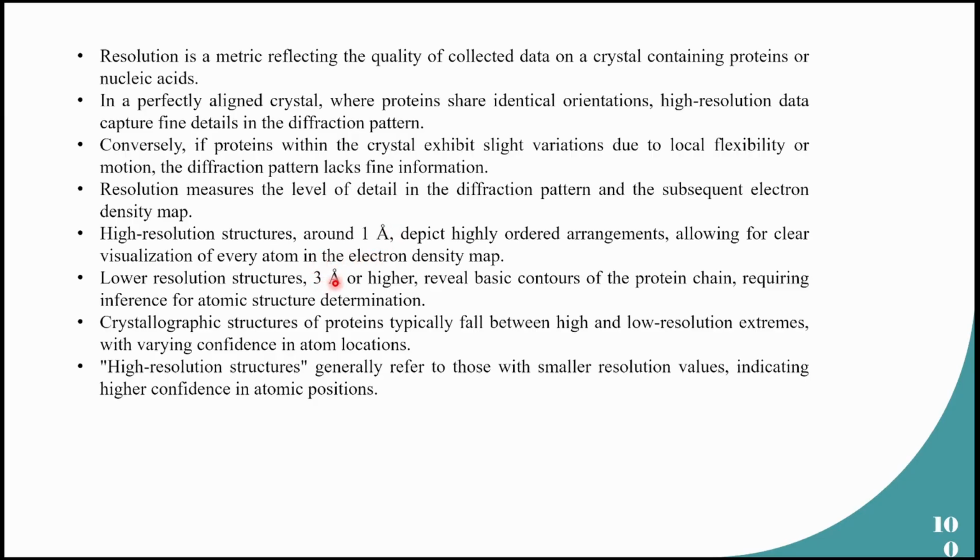Whereas if you have a structure of 3 angstrom resolution, for example 2.8, 2.9, or even greater than 3 angstrom, those are usually not the best quality structures. They do not have the information or the coordinates for all of the atoms present in the protein captured in the best way.